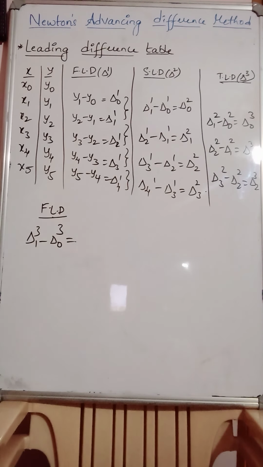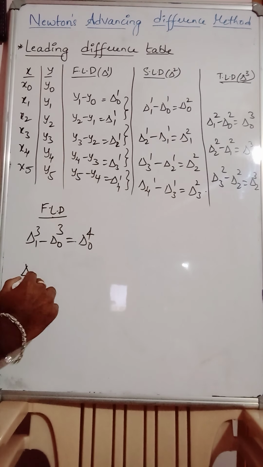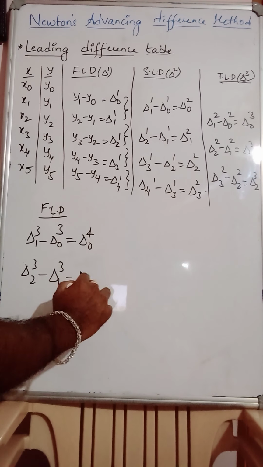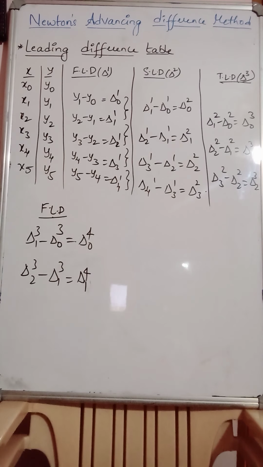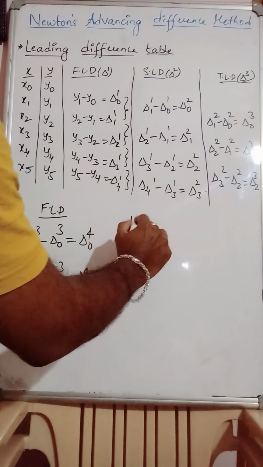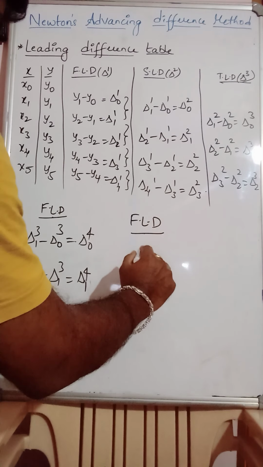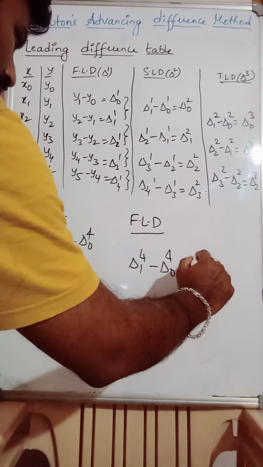This will become delta naught 4. Next, delta 2 3 minus delta 1 3. This will become delta 1 4. Fourth leading difference. Next, fifth leading difference. Delta 1 4 minus delta naught 4. This will become delta naught 5.